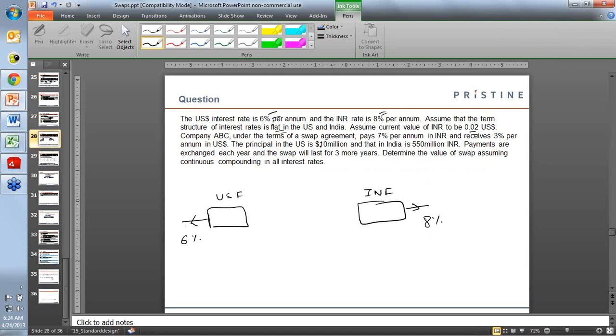The current spot exchange rate is given, and so they engage in a swap wherein the US firm is loaning the money out to India at a rate of 7%, and the Indian firm is loaning out the money at a rate of 3%.